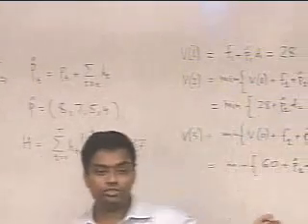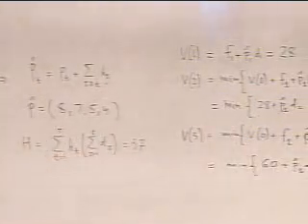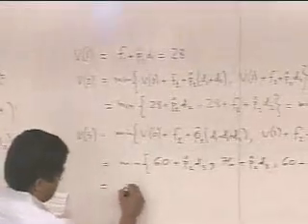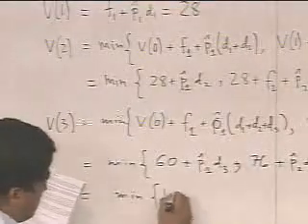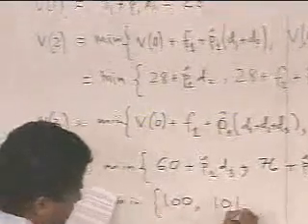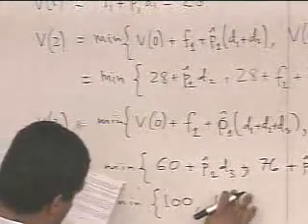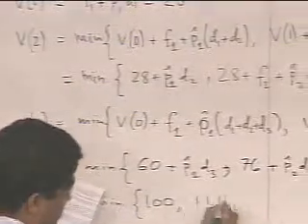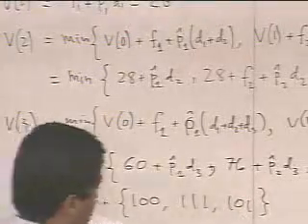It's as if you produce and you hold up to the end of the horizon. All right? So these three numbers turn out to be the minimum of 100, 111, and 101. And so the minimum quantity turns out to be 100.